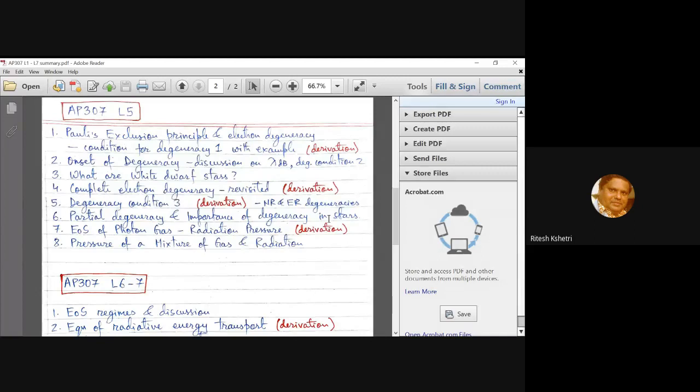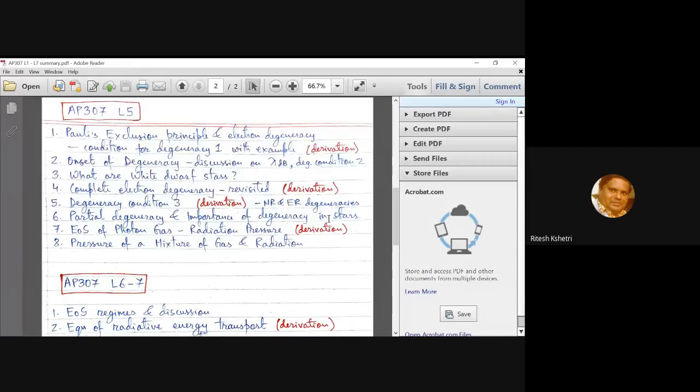And then we had a very brief discussion on white dwarf stars, where electron degeneracy plays a very crucial role. Now in the case of neutron stars, the neutron gas plays a very important role, quite similar to the white dwarf gas.